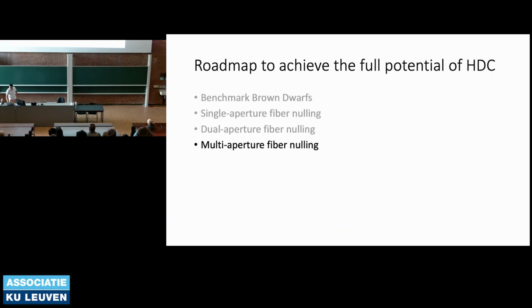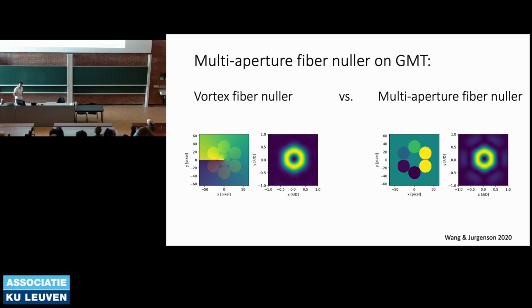So the next step in the roadmap is multi-aperture fiber nulling. So we go from 2 apertures to multi-apertures, and we discussed this in our paper in 2020. On the left-hand side is an illustration of how you can use a Vortex fiber nuller on GMT, the Giant Magellan Telescope, another ELT that will be built in Chile, right?